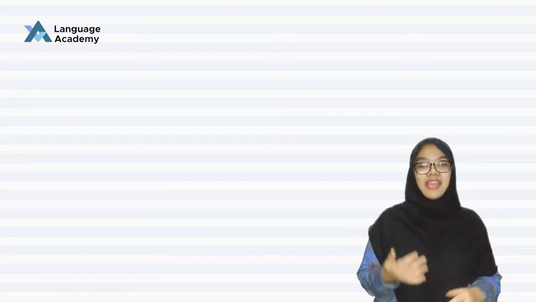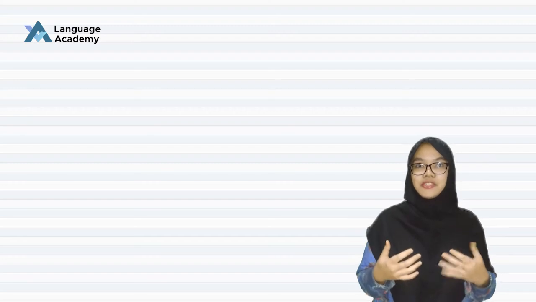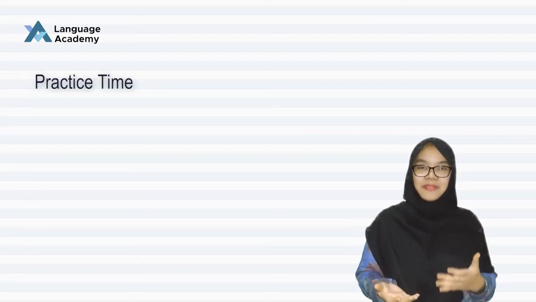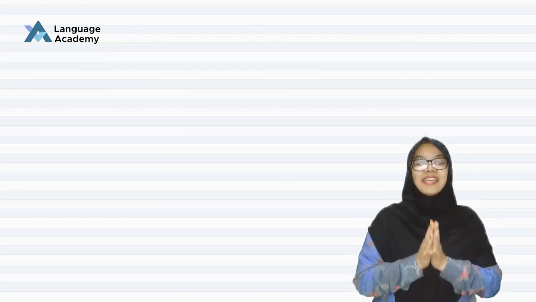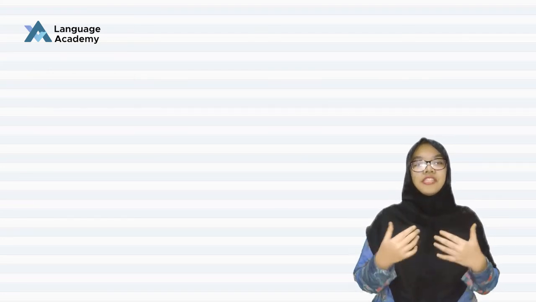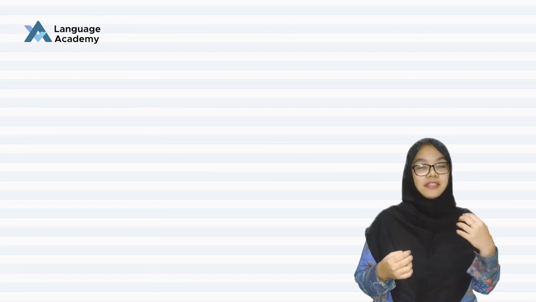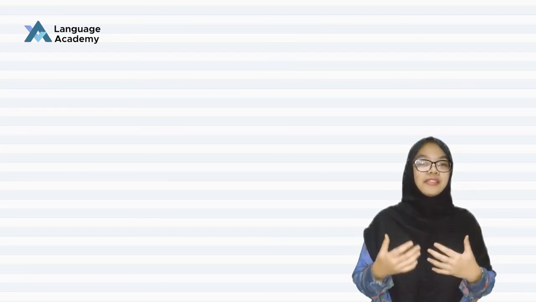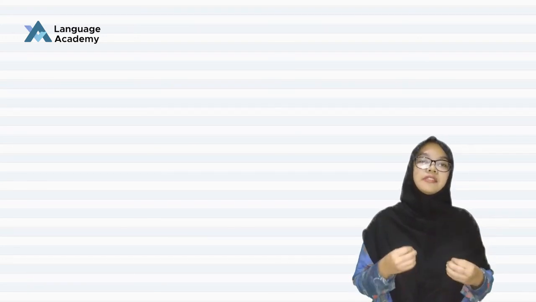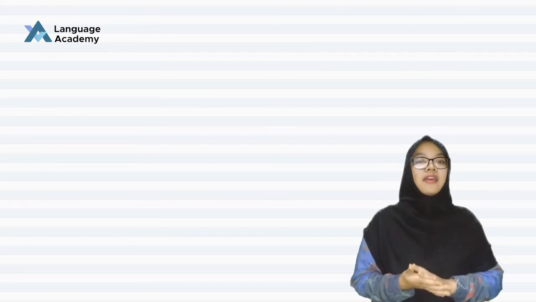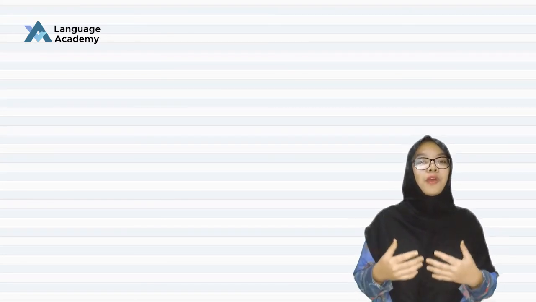Now, I think it is time to do some little practice, right? How about we make some little practice? So now you will see on the screen there are two pictures and a word that we're gonna use, dan kita akan mencoba untuk membuat comparative sentence-nya. Bagaimana?